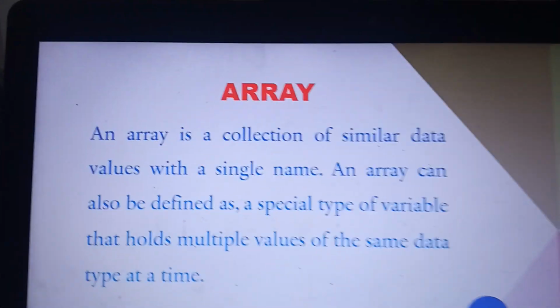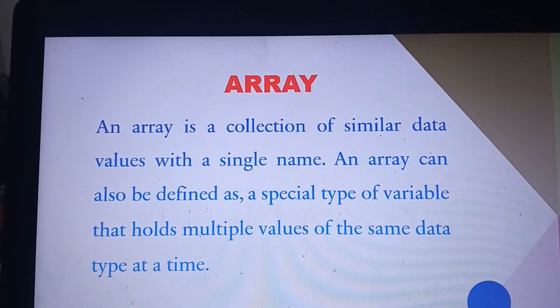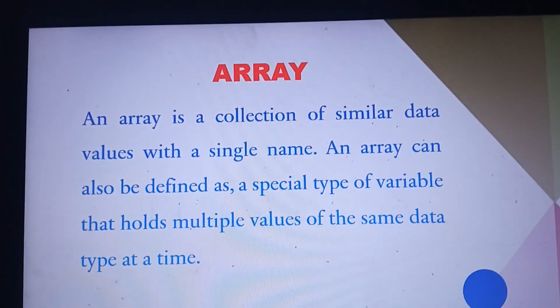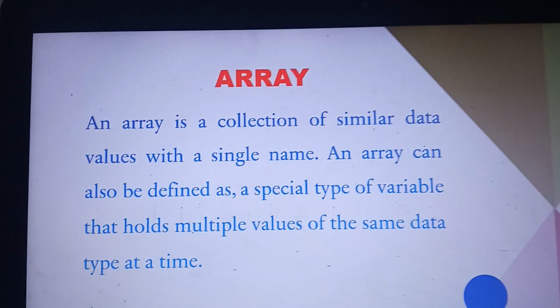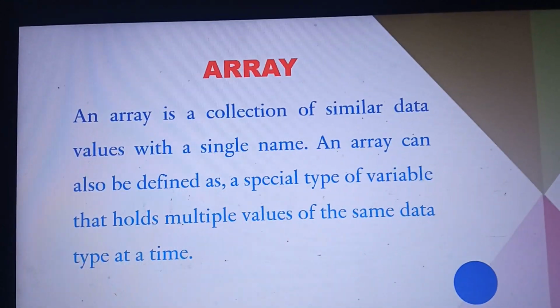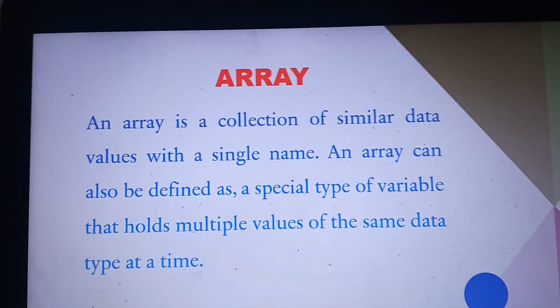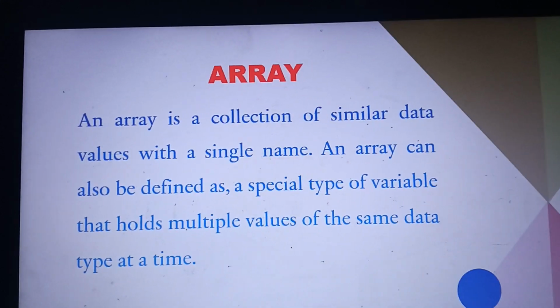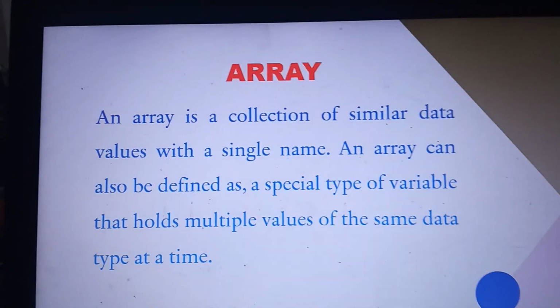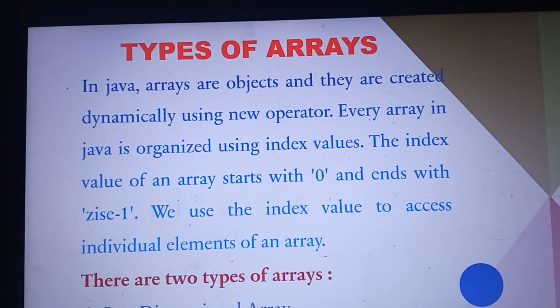This is the advantage of an array, and there is no need to declare n number of variables. You declare only one name, give it a size, and according to that size you assign that many values. This is called an array.